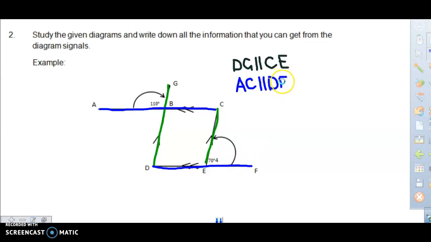So what other information do I get out of this diagram? If I look at the angles, they give me the size of this angle. This angle is from there to there. So how would you write that? That angle is from A, the vertex is B, so that angle goes like this. There is that angle. Do you see that?